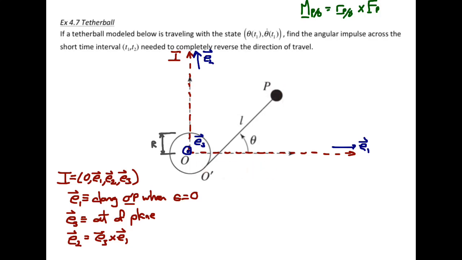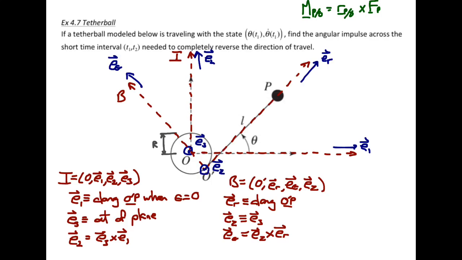Then E3 is out of the plane, and E2 is equal to E3 cross E1. Now let's define our second reference frame, which is a non-inertial reference frame, B, with a vector e_r pointing along O prime P, the vector e_theta orthogonal to that, and e_z along the direction of E3. But notice that its origin is at O prime, not at O.